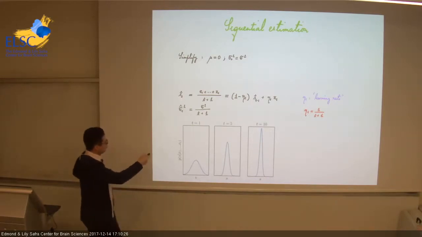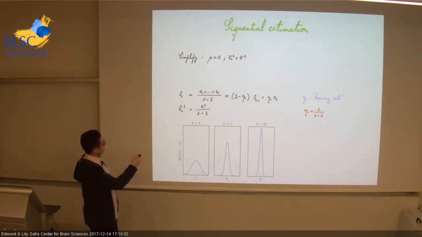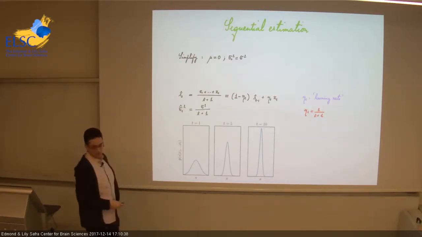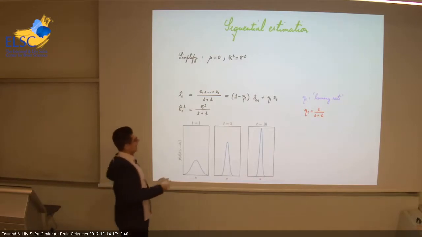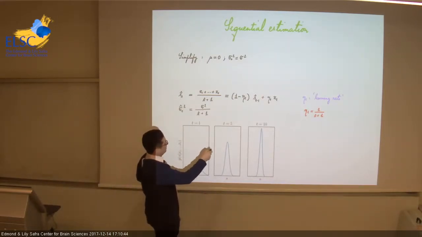Since this mean-taking is true for all times, all trials, I can re-express this in terms of only the last measurement and the estimate at the previous time. Okay? And this will simply be a linear sum of the two, weighted by this factor, eta and 1 minus eta.